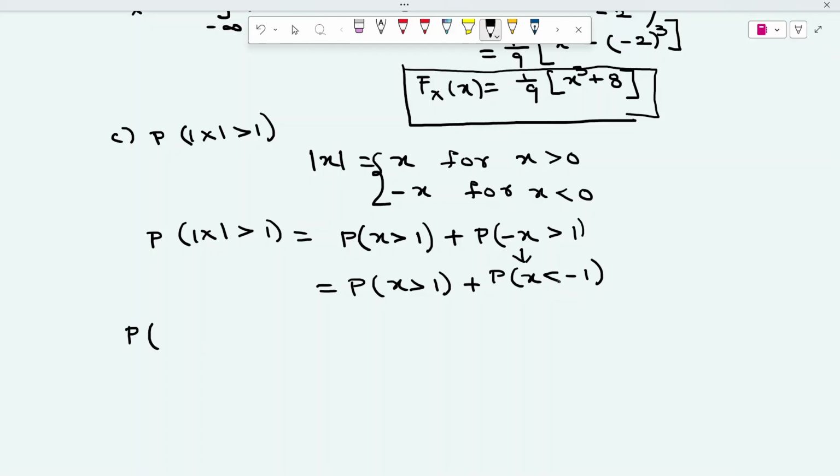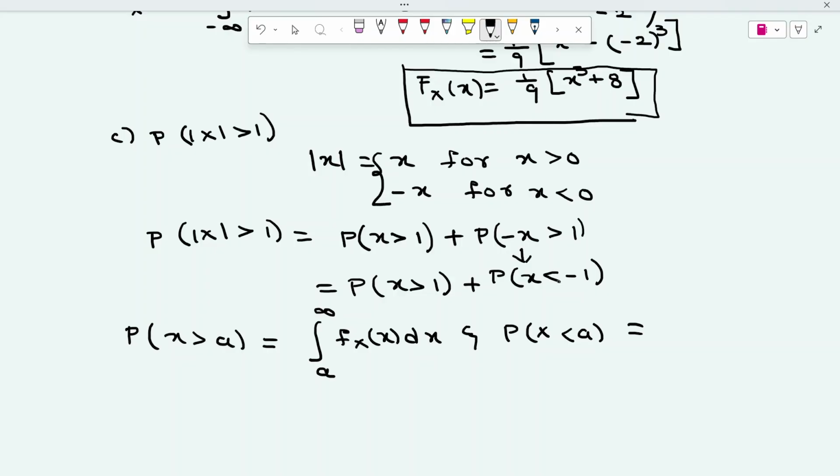Probability of x greater than a is nothing but the lower limit will be a. We have to evaluate the integral from a up to infinity fx of x dx, whereas probability of x less than a means up to a only.